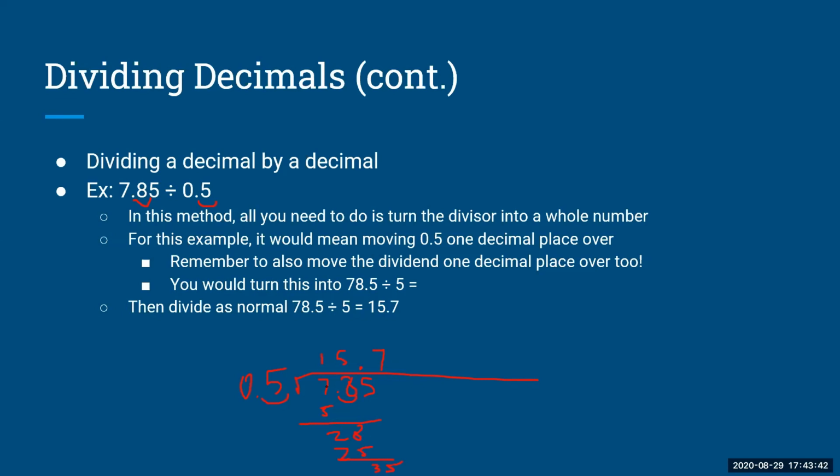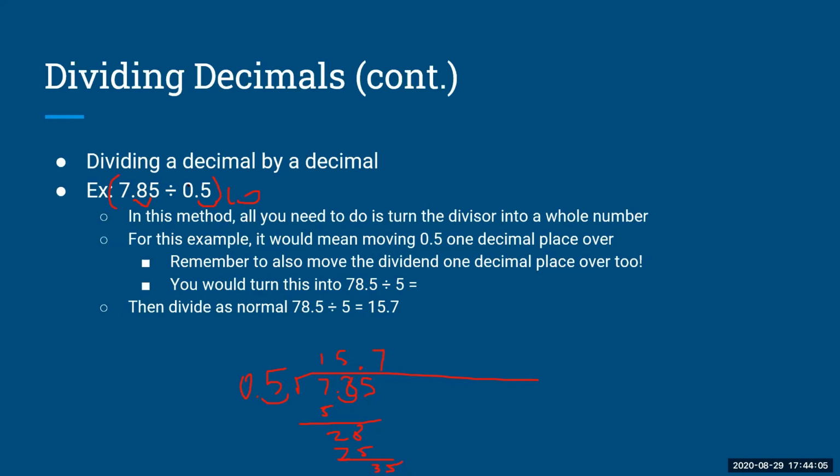What can I not do? Turn the 0.5 into a whole number. I can if I do the same thing. It's called the property of equality. Whatever I do to one part of an equation, I have to do to the other, right? So I multiply the whole thing by 10, it just keeps it the same.